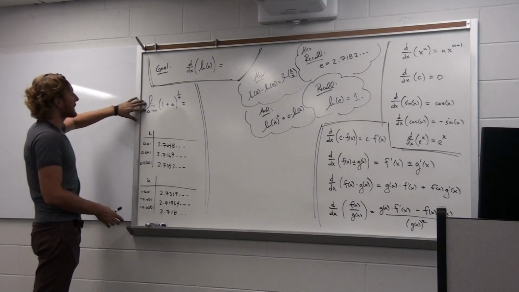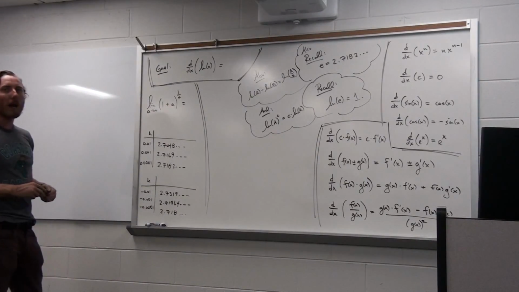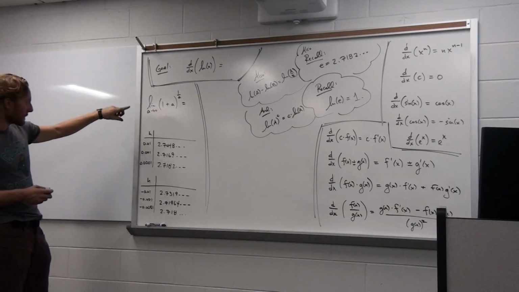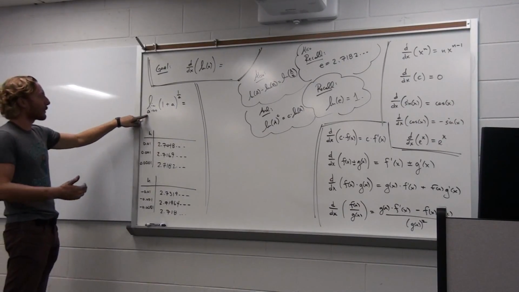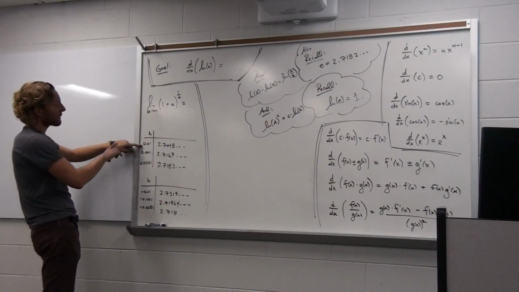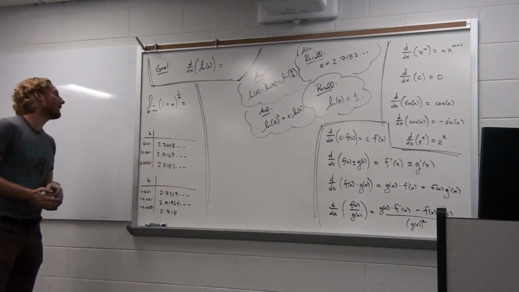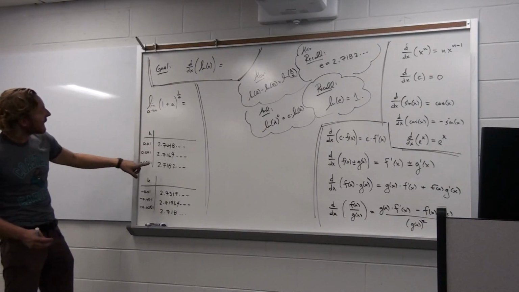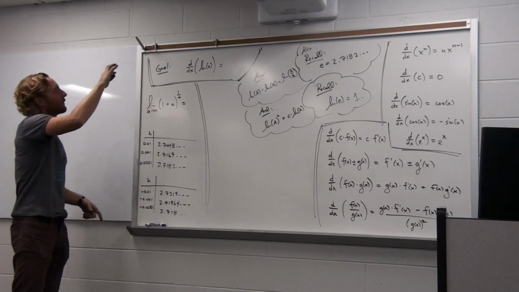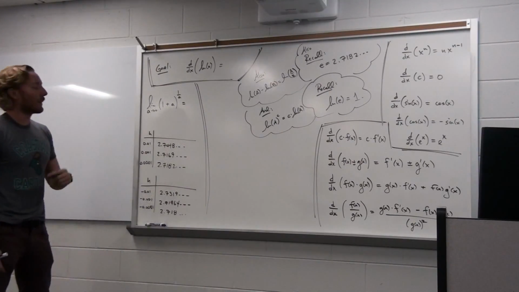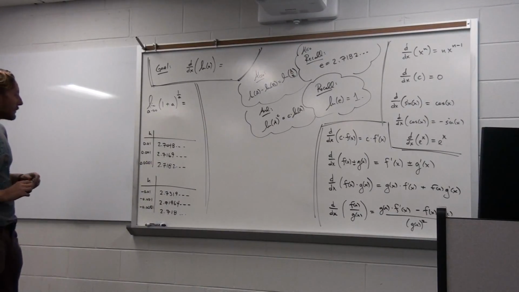So the limit as a approaches 0 of 1 plus a raised to the 1 over a power. Okay, so we start looking at this, we could just look at it numerically. Let a approach 0 from the right, so you could plug in values like 0.01 or 0.001 or 0.0001, and you see that what comes out, 1 plus 0.0001 raised to the 1 over 0.0001 power, comes out to be 2.7182.